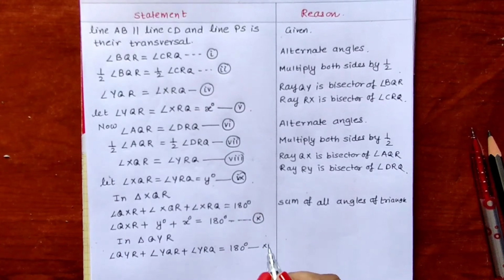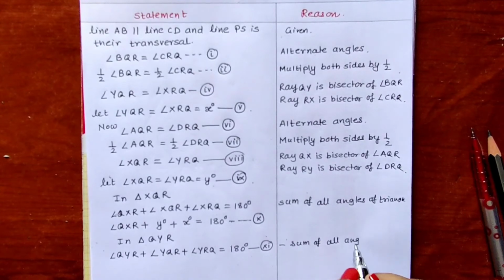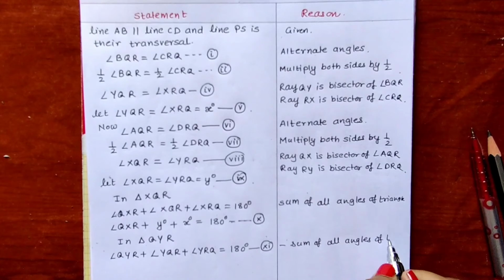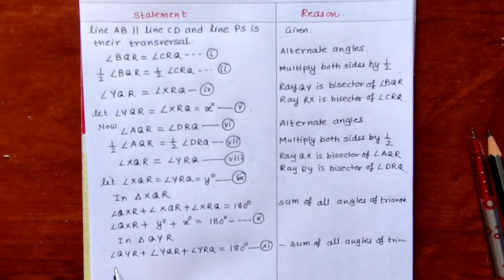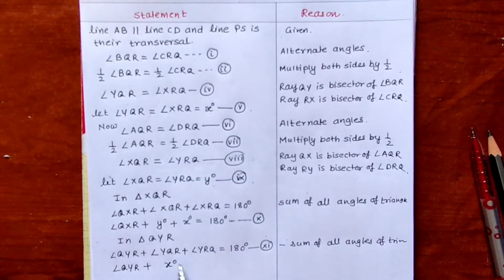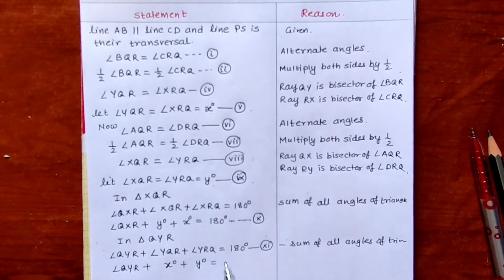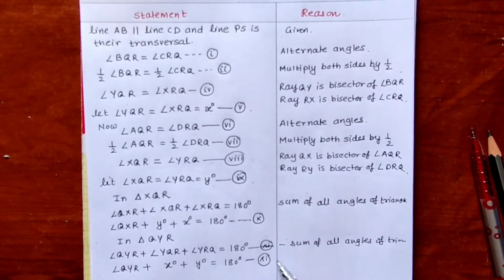This will be our 11th. And again this is sum of all angles of triangles. Now XYR is not known to us. In place of YQR I can write X. In place of YRQ I can write Y is equal to 180 degree. Okay, so no, this should not be given as 11, this should be given as 11th.